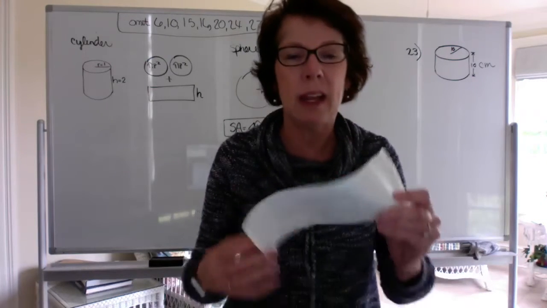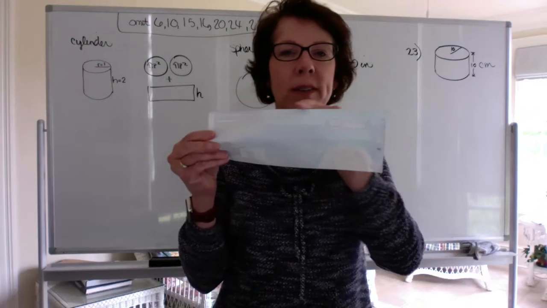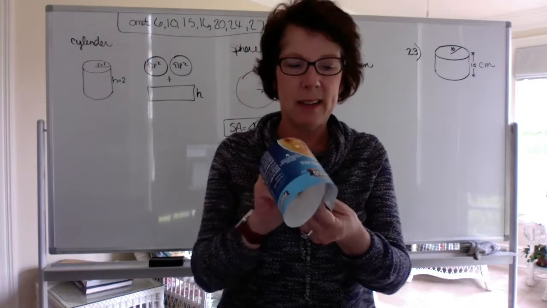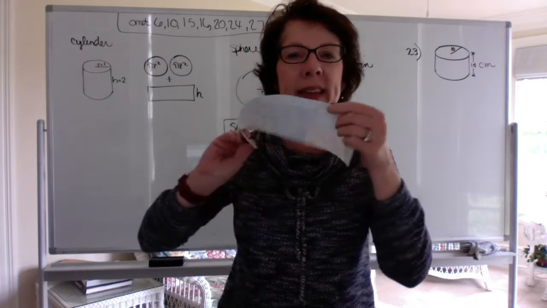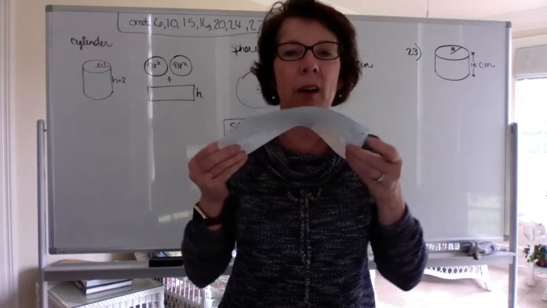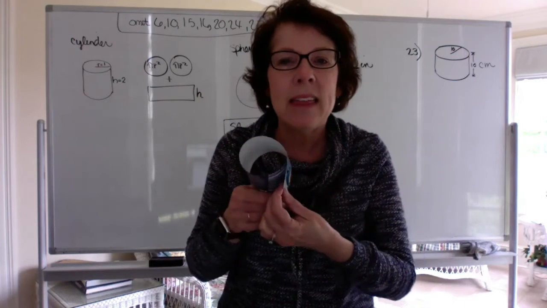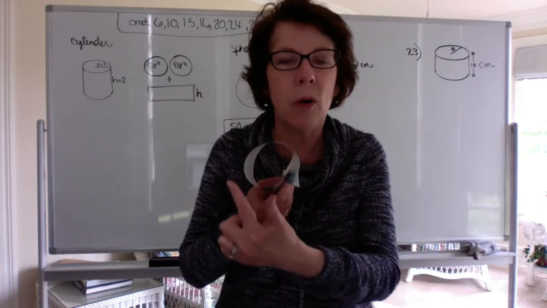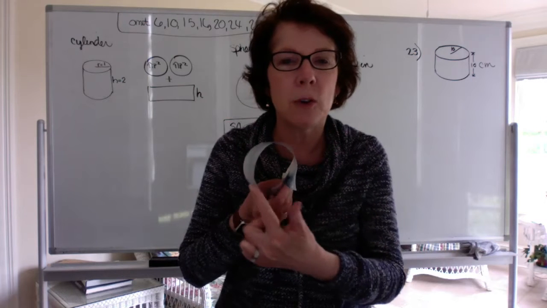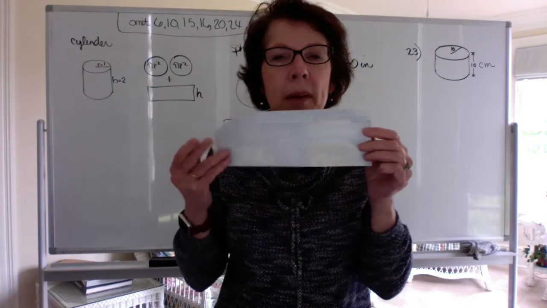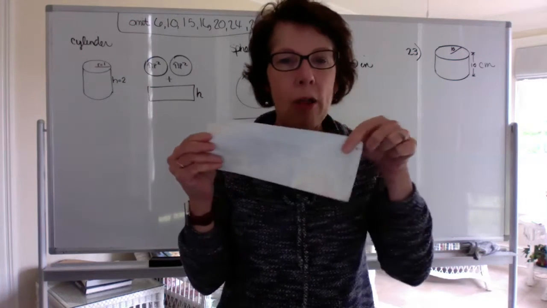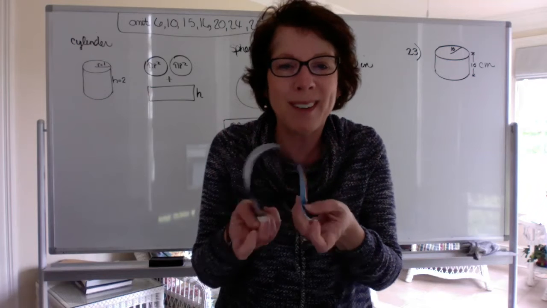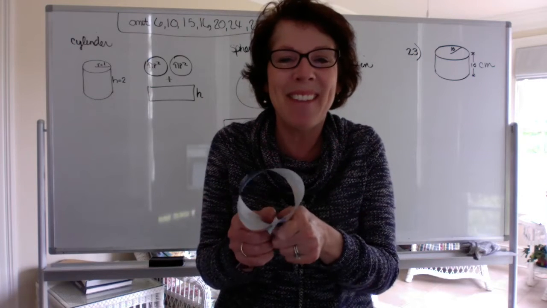So, actually, the dimension across here is, let's pull it like this, when I curl it up, this long length here is actually the circumference of the lid's circle. So when I open it up, that is the circumference of the circle.